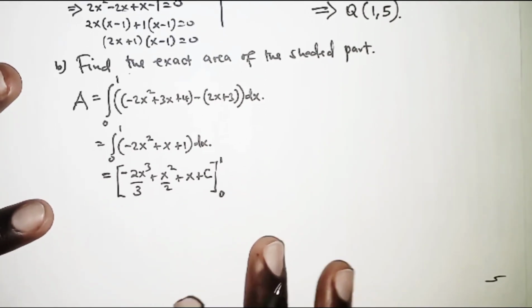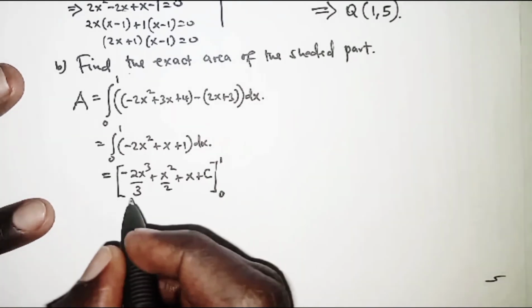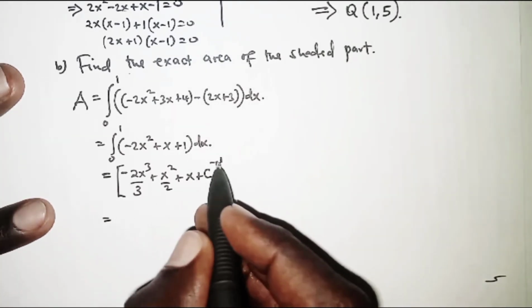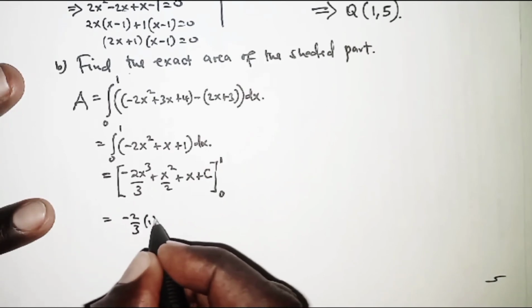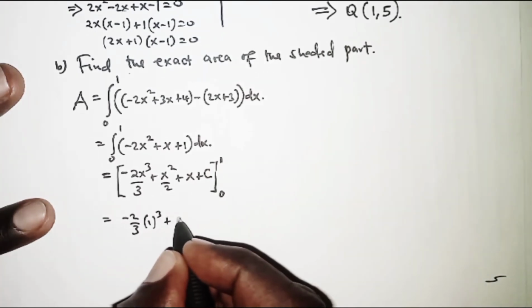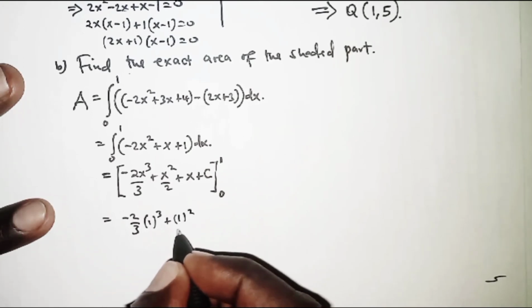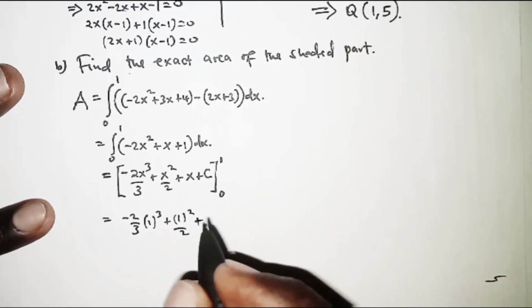Substituting the limits, we'll have negative 2 over 3 into 1 cubed plus 1 squared over 2 plus 1.